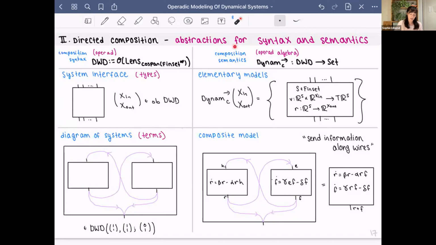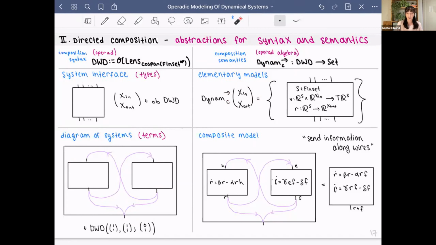For our composition semantics, we need to give an operad algebra. Again, we're going to call it Dynam, but this time we have an arrow to indicate directedness, and the C again to indicate continuous dynamics. So the action of this operad algebra on types gives us our elementary models, how we can fill boxes of this type.